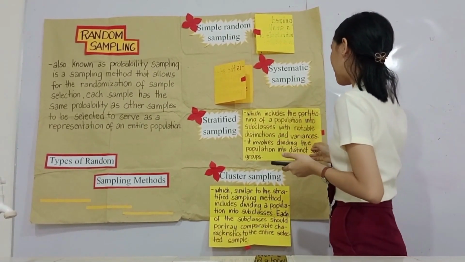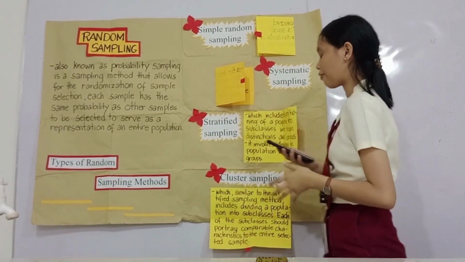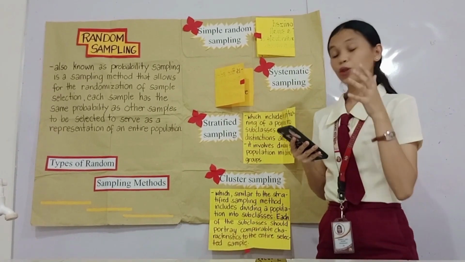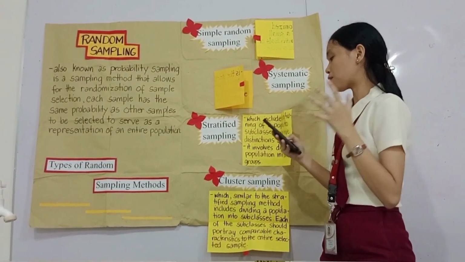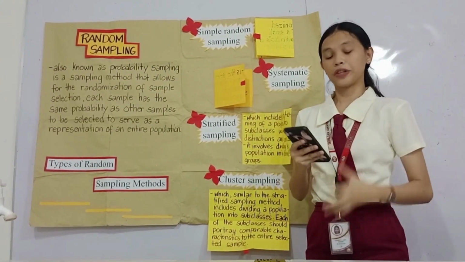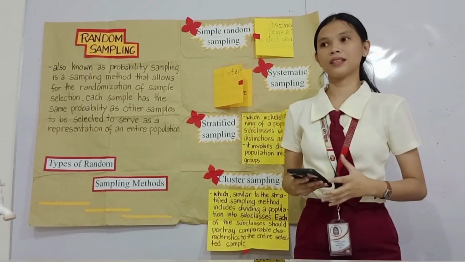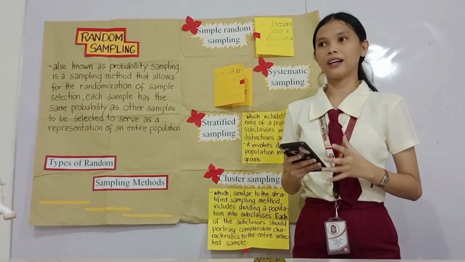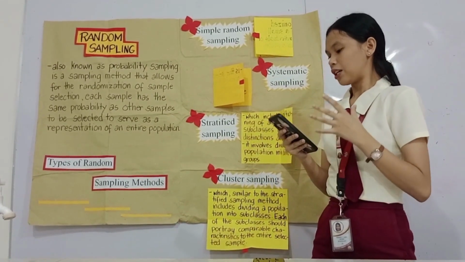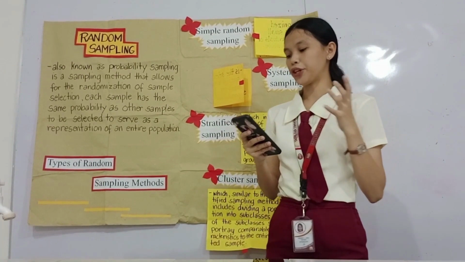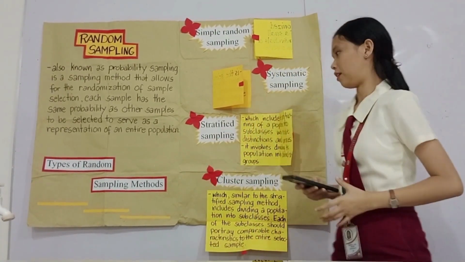It involves dividing the population into distinct subgroups, a smaller groups to filter the target respondents, those who are suitable and can answer the questions provided by the researcher, and to sustain the needs of your research.